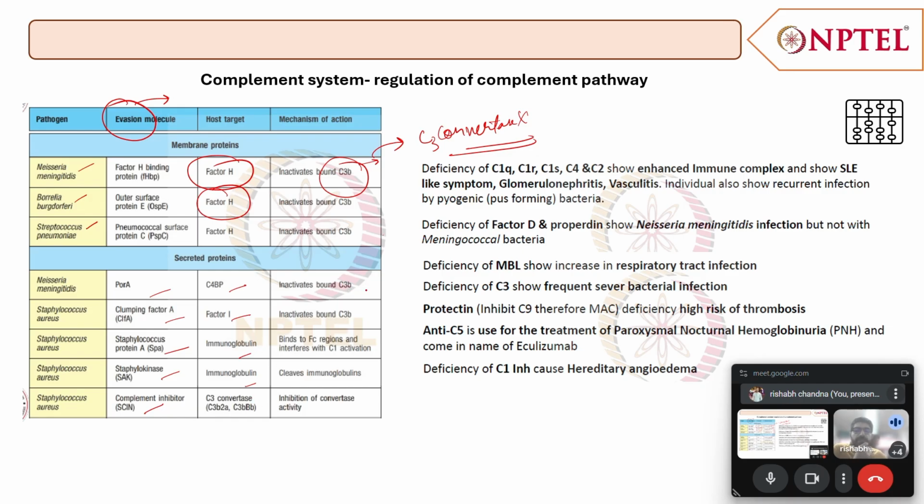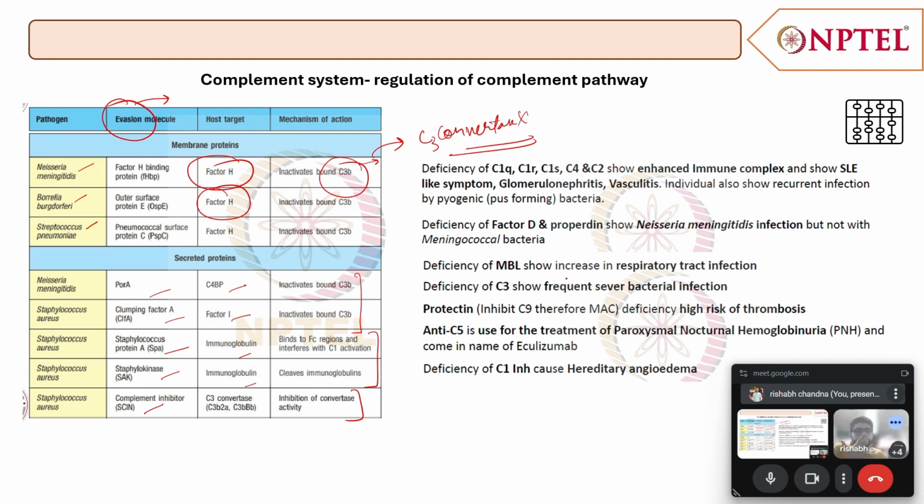So it inactivates the C3b and inactivates the convertase activity, and the Staphylococcus protein and staphylokinase cleave the immunoglobulins and bind to the Fc region so that they will not be able to recruit the C1 protein. So this is how certain bacteria have evolved strategies to evade the immune system or the complement pathway.